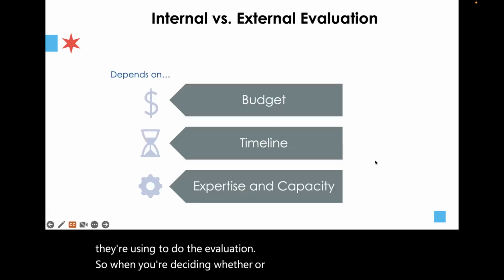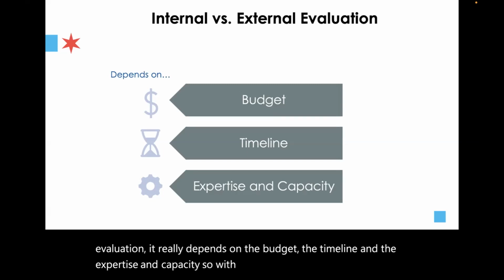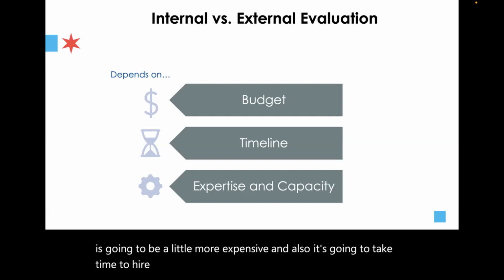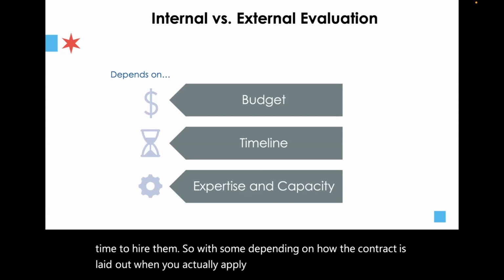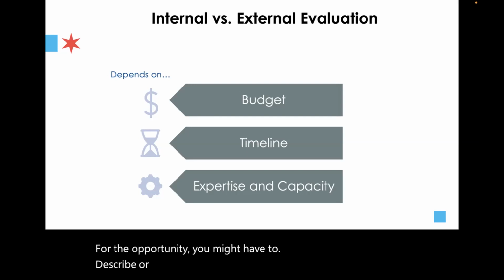So when you're deciding whether or not to do internal or external evaluation, it really depends on the budget, the timeline, and the expertise and capacity. So with the budget, the external evaluator is going to be a little more expensive, and also it's going to take time to hire them. Depending on how the contract is laid out, when you actually apply for the opportunity, you might have to describe or submit the resume if you are planning to hire an external evaluator.